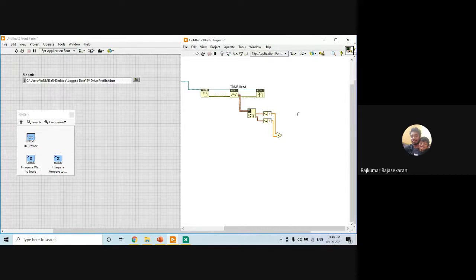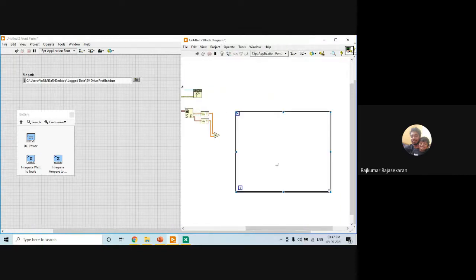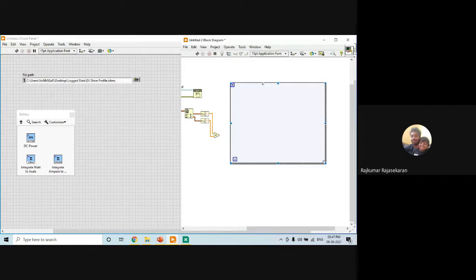So typically it makes sense for us to use a for loop, and that's what we are going to do. I'll use a for loop, and I'll send power one by one, and one by one means with respect to time.